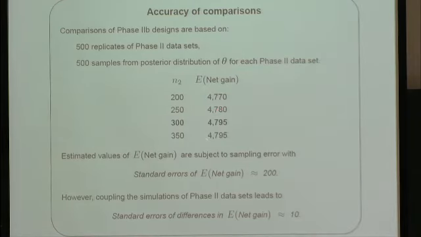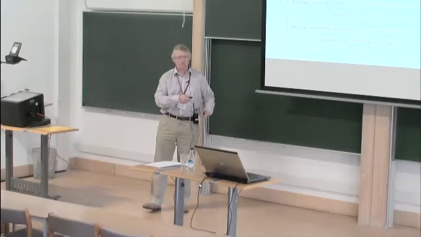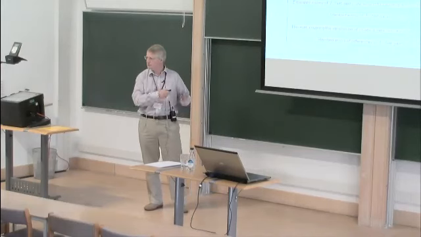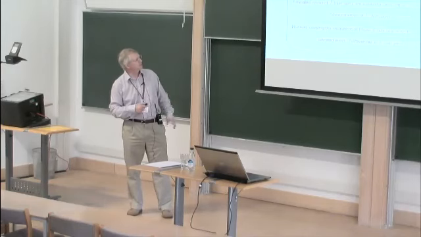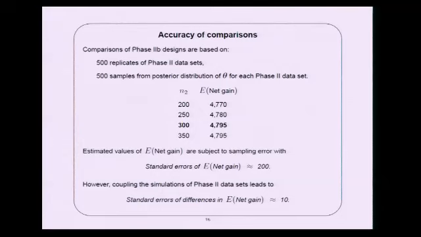So if you look at the standard error for the difference between two of these numbers, it's 10. You'd expect it to be 200 times root 2 if you had independent sampling. So there's been a very big gain here, and that was pretty crucial to making this whole thing work. And you could obviously do larger numbers of simulations to get that 10 a bit smaller.